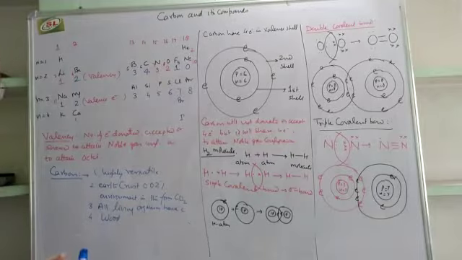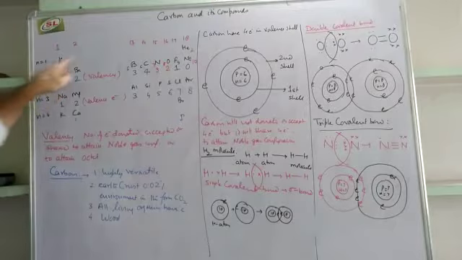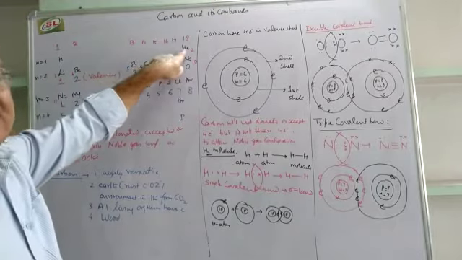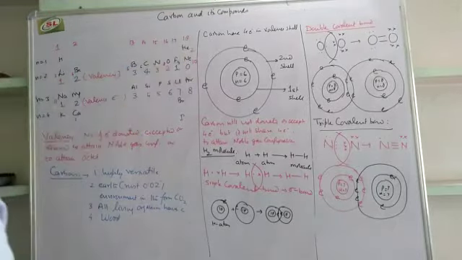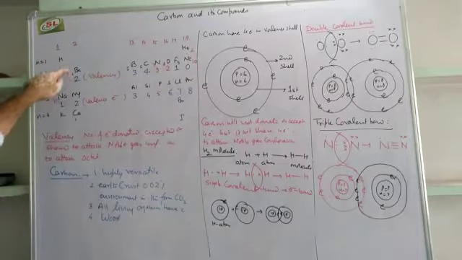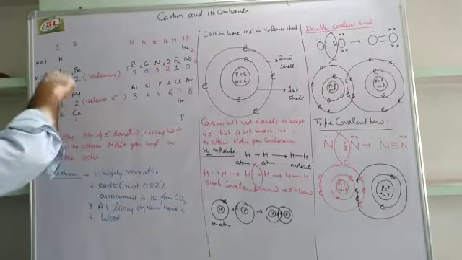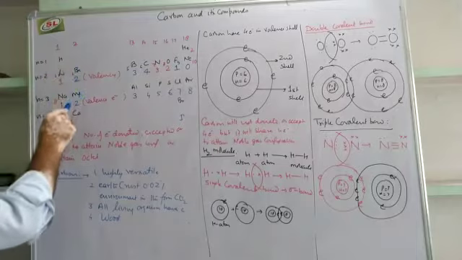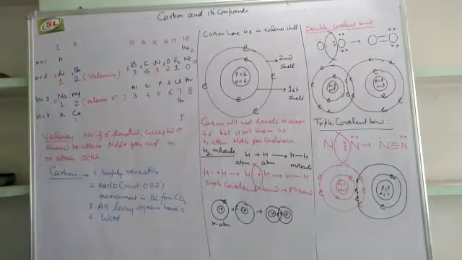Donation is easier than accepting 6 electrons. So beryllium donates 2 electrons and converts into the helium configuration. So the second group elements, beryllium, magnesium, calcium, strontium and barium, have valency 2.